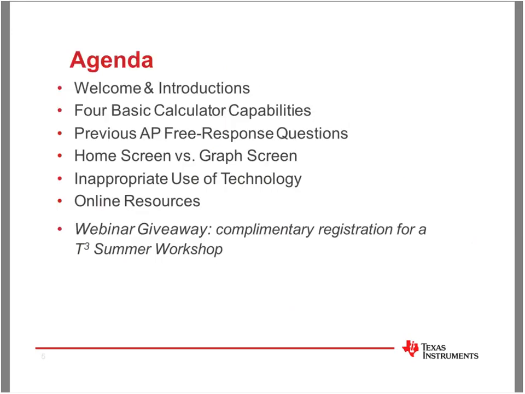At this point, Steve is going to discuss our agenda. Thanks, Mike. You've already taken care of the welcome and the introductions. I'm going to begin by talking about the 4 basic calculator capabilities that are allowed on the AP Calculus exam. And what I'm going to try to do is to tie those capabilities with previously asked free-response questions. And I'm going to talk a little bit about how to solve those questions with technology. I'll also talk about how they were graded, how they were scored on the exam.